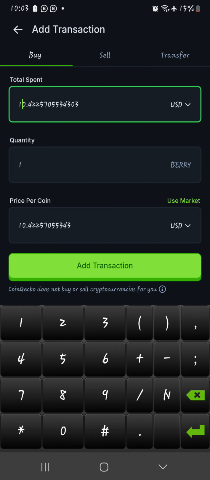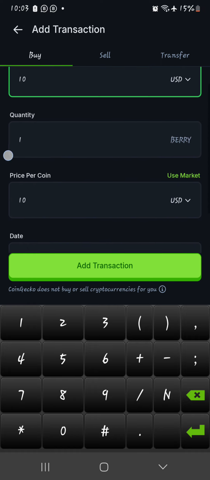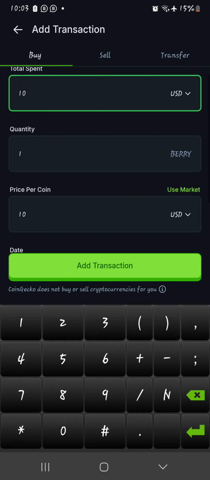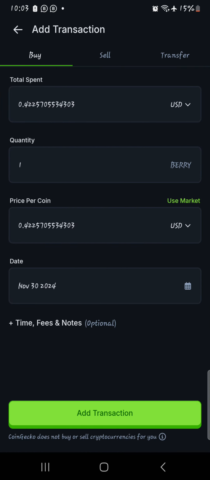This is a bug. Normally, I'm supposed to put the total amount that you spent. If I spent $10, I'll put it here. It will not tell me, based on the price, what that turns out as the quantity. Or better yet, you can do this. This is just to allow you to backdate it, assuming you bought a couple of days back, but you bought at a different price.